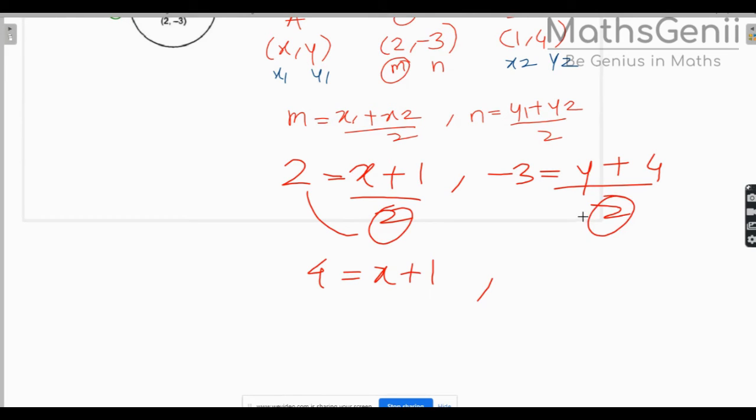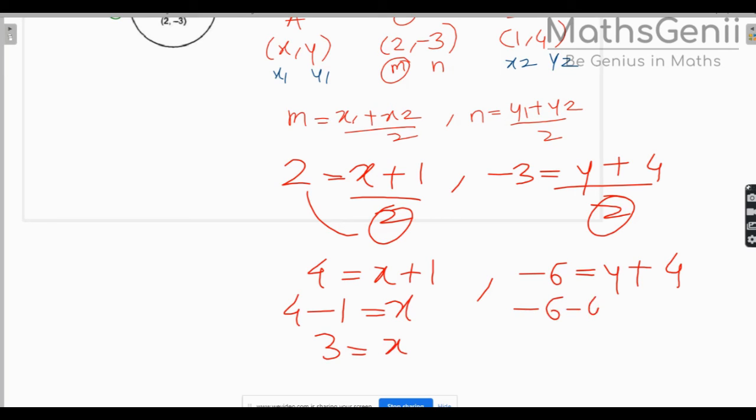This 2 in division goes that side, becomes minus 3 into 2, minus 6. So x is equal to, plus 1 goes that side, becomes minus 1. Plus 4 goes that side, becomes minus 4. So here is your answer. X is 3 and y is minus 10.